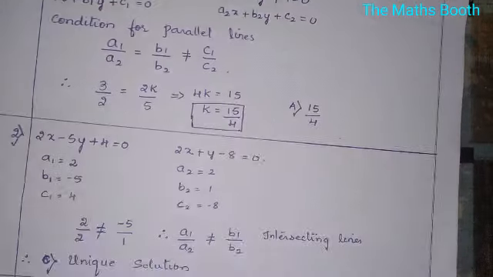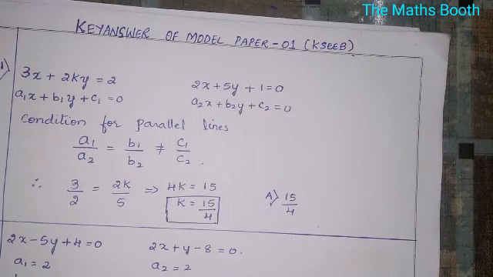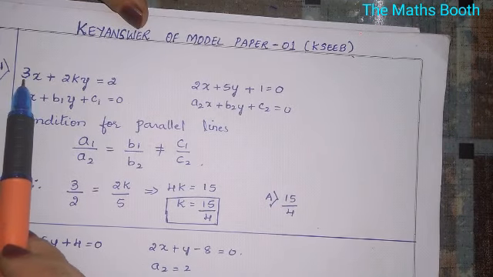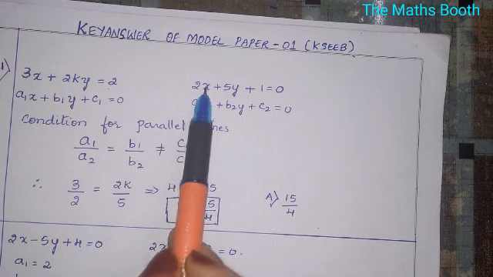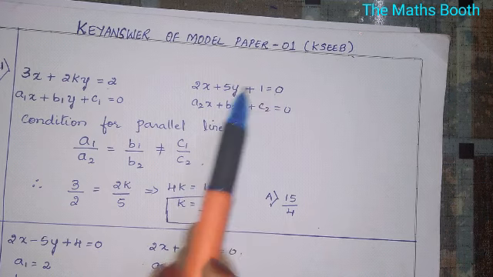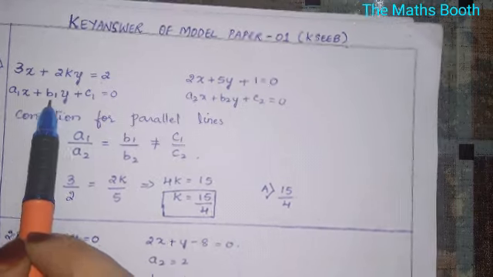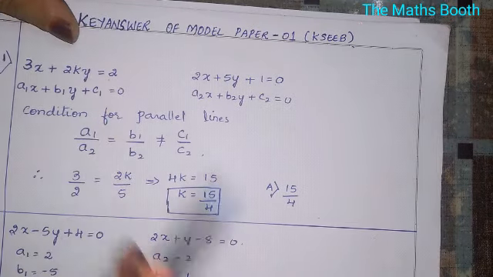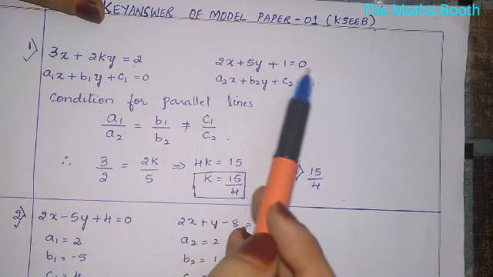Okay. So the first, I have already solved here the key answer of the model question paper. So the equations are 3x plus 2ky is equal to 2 and 2x plus 5y plus 1 equal to 0. So here the first equation is a1x plus b1y plus c1 equals to 0 and a2x plus b2y plus c2 equals to 0.